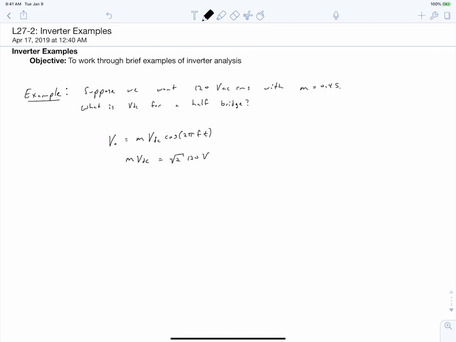The square root of 2 is something you have to be careful about in this class, because remember that it only comes into play when you're dealing with pure sinusoids. But in this case, we're assuming that we've got a pure sinusoid that we're trying to create with a modulation index of 0.45. And so if we solve this equation, we end up getting a DC bus value that's about 380 volts.